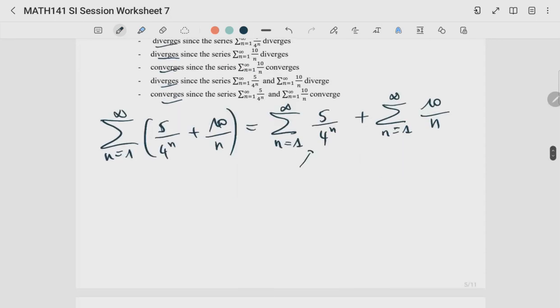Remember that, so this is the geometric series, which we are familiar with, and this is a p series.